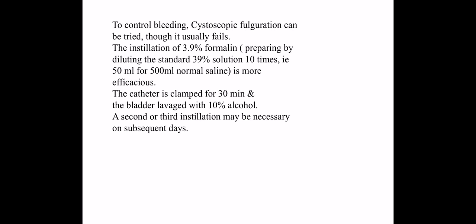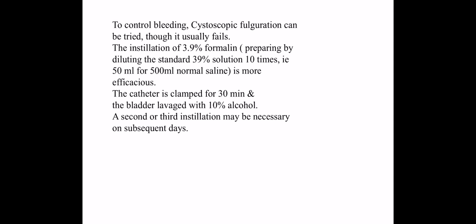To control bleeding, cystoscopic fulguration can be tried, though it usually fails. If it fails, then instillation of 3.9% formalin, prepared by diluting the standard 39% solution 10 times, i.e. 50 ml in 500 ml normal saline, is more efficacious.